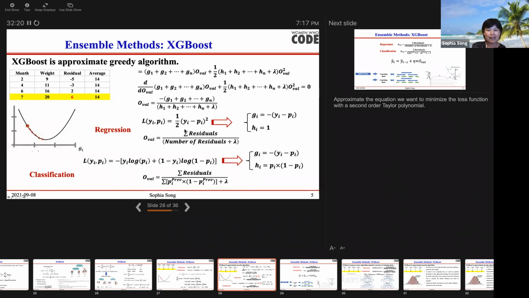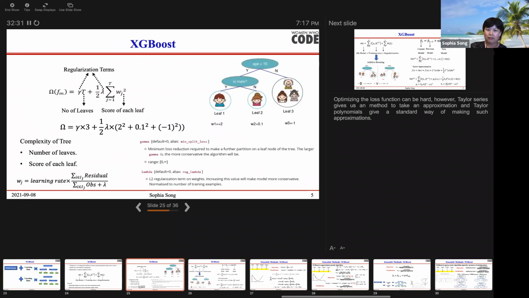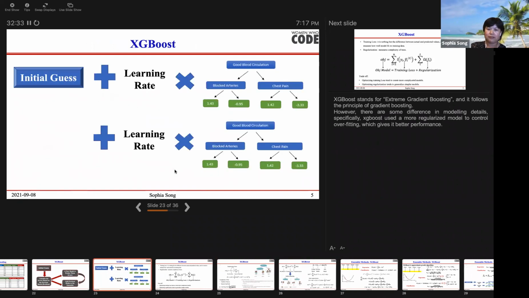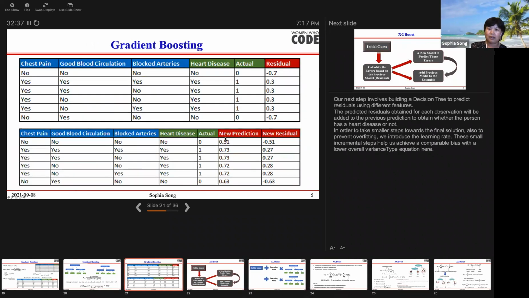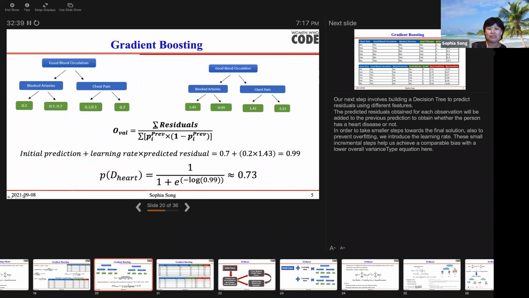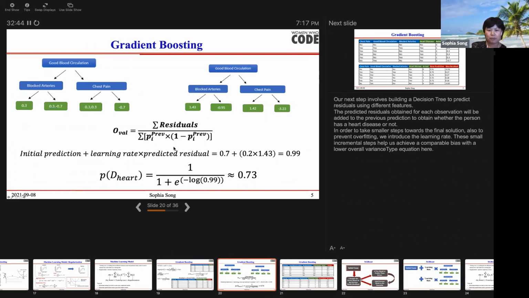This is how we get the model's output. For example, here it is consistent with this one. How do we calculate this one? We use this classification formula, right? We use the sum of residuals divided by the previous probability.